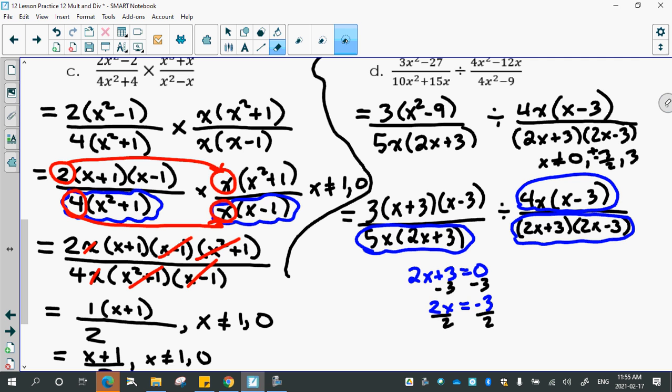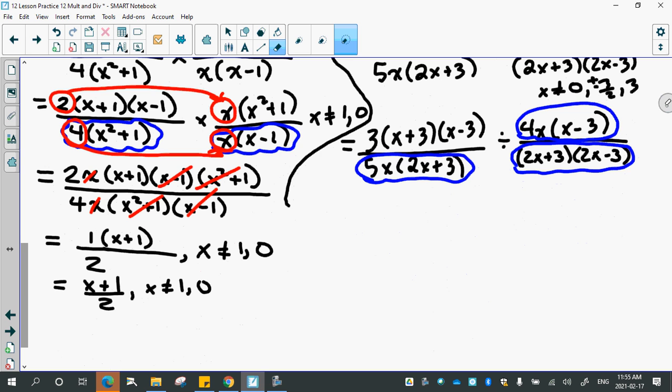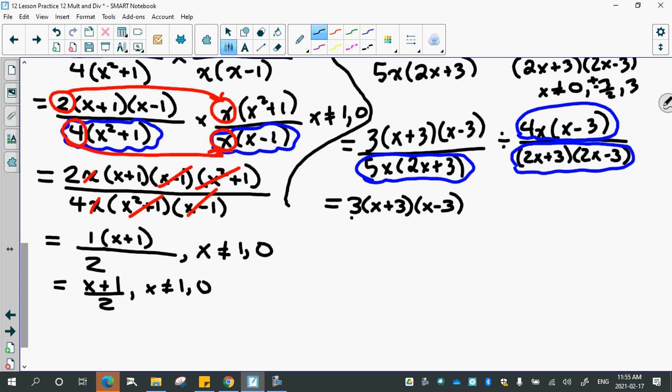So now I go to the third step, which is, if it's a divide question, multiply by the reciprocal. So I keep the first fraction the same, change the divide to a multiply, and then flip the second fraction.